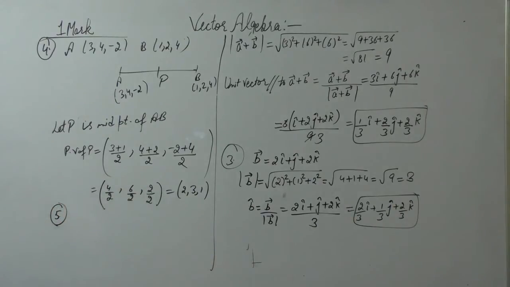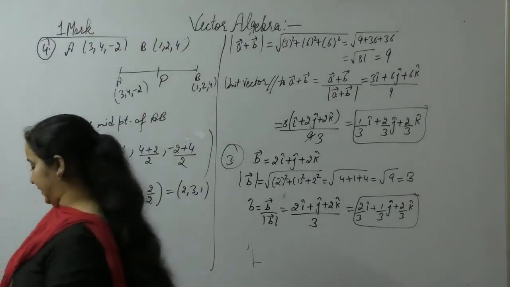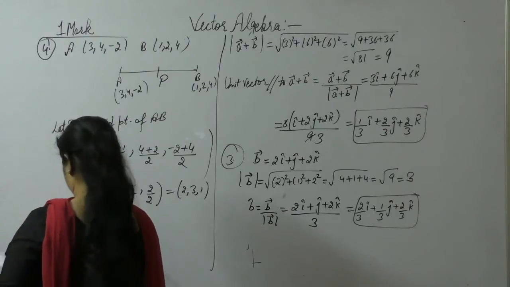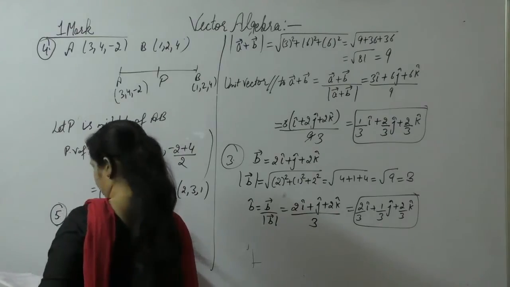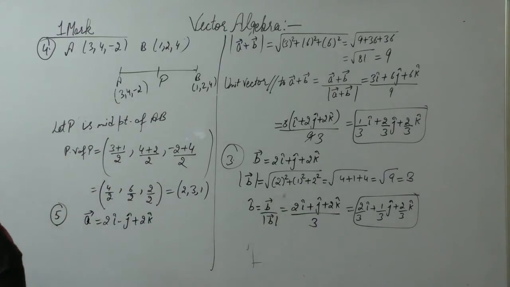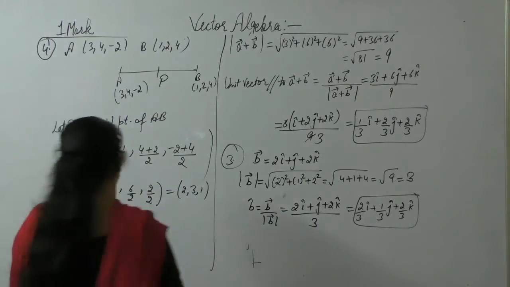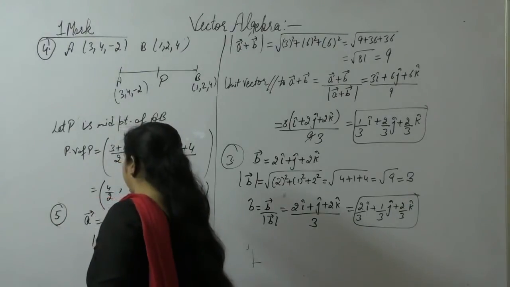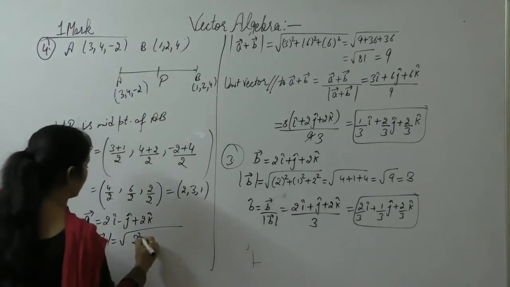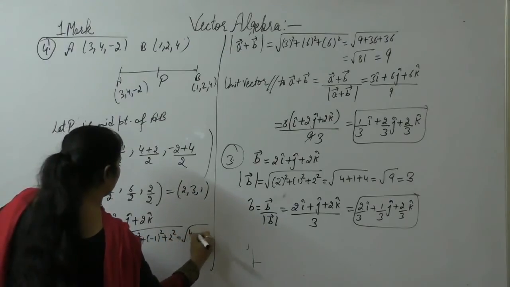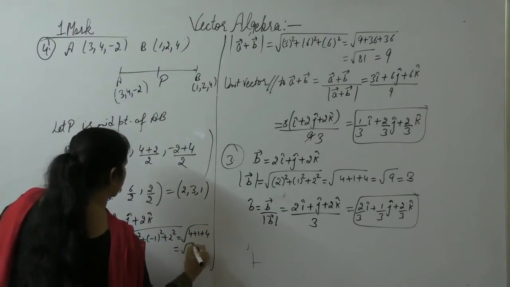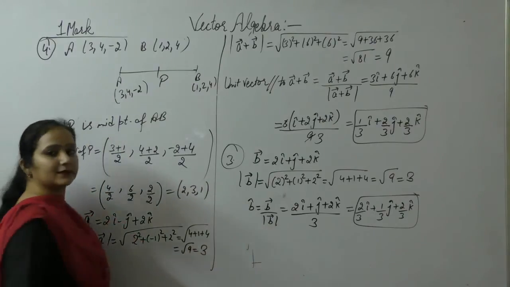Now fifth, find a vector in the direction of A vector 2i minus j plus 2k cap whose magnitude is 6. Magnitude is square root of 4 plus 1 plus 4, square root of 9, that is 3.